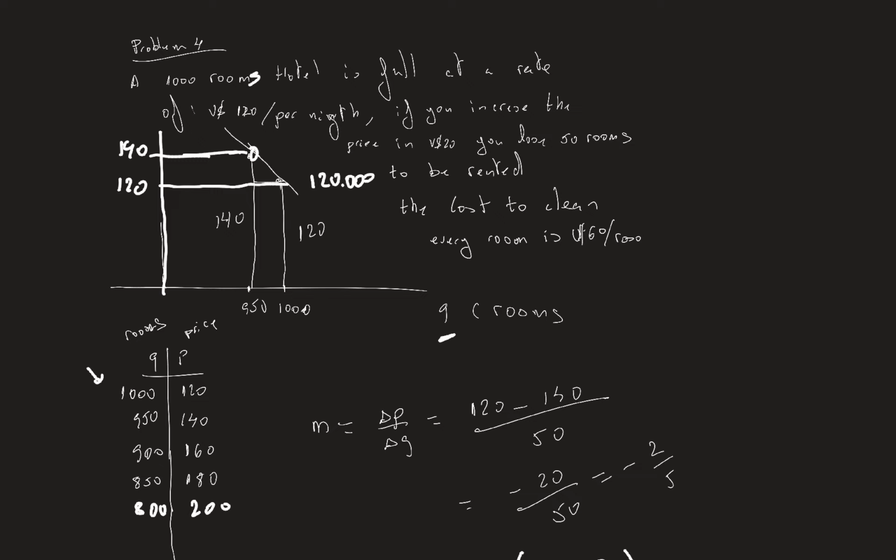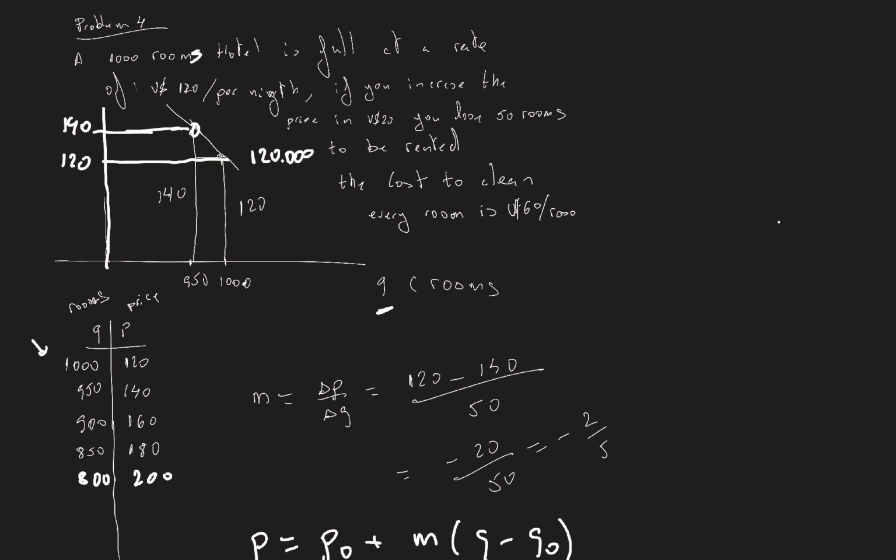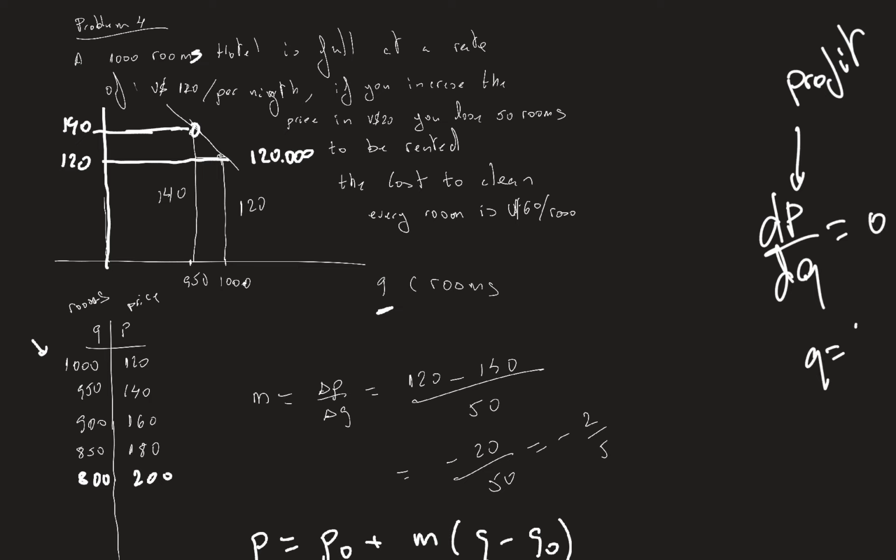We need to find the profit function, take the derivative of the profit with respect to Q, set it equal to 0, and find which Q, for what capacity, gives the biggest profit.